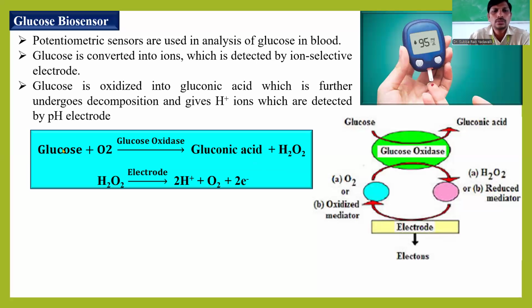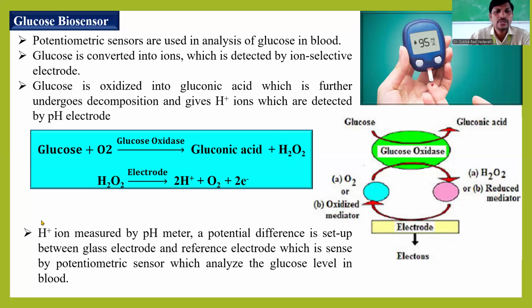So the glucose undergoes oxidation in the presence of glucose oxidase and forms gluconic acid and hydrogen peroxide. This hydrogen peroxide further undergoes reduction and it gives hydrogen ions and oxygen gas, and also it liberates two electrons. Here the hydrogen ions are detected by the electrode.